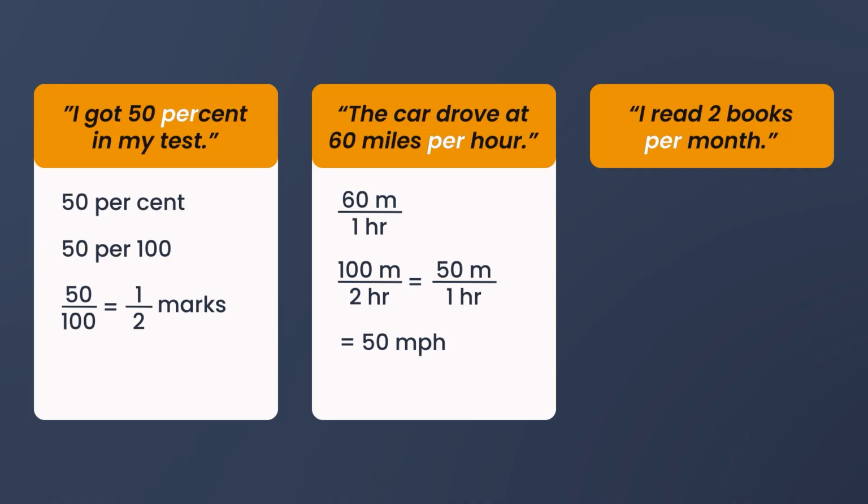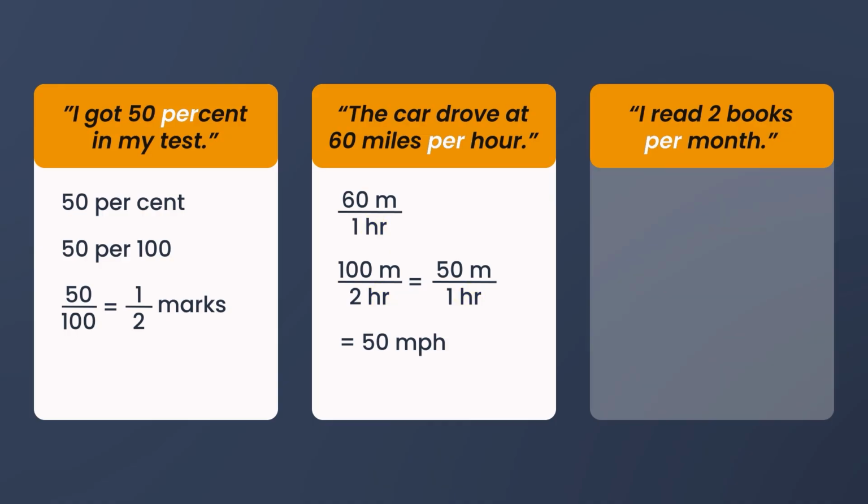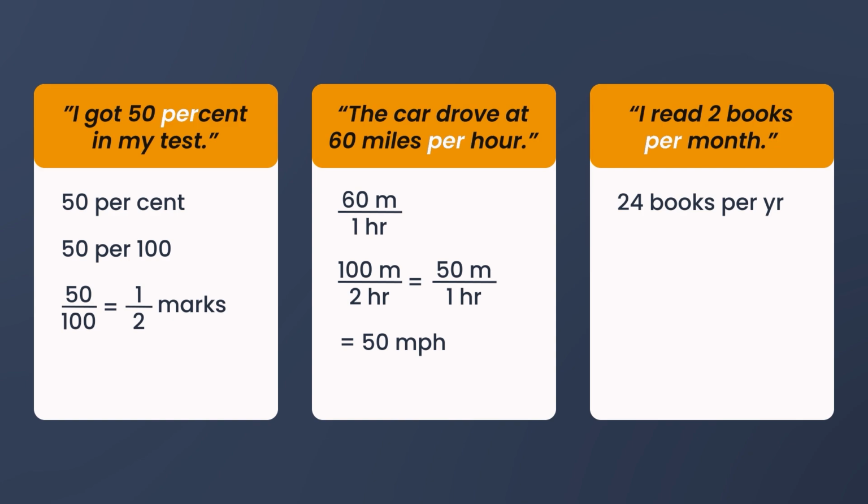Incidentally, if the unit on the bottom is a measure of time, like hours or seconds, this ratio is also known as a rate. But more of that in another video. And finally, if somebody reads 24 books in 1 year, then the amount of books they read per month is 24 books divided by 12 months.